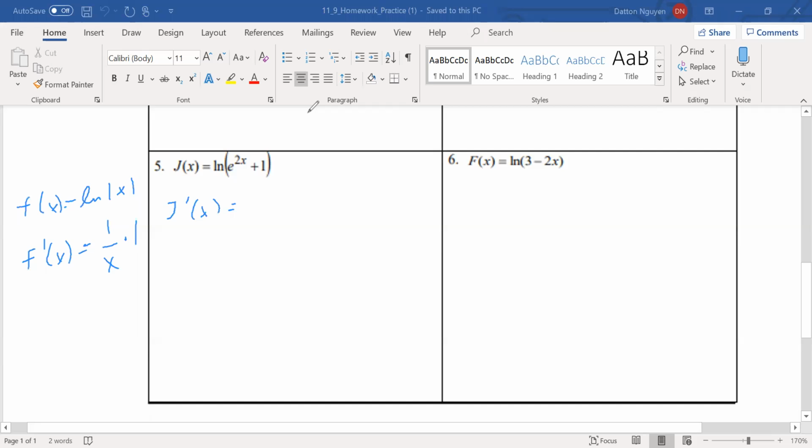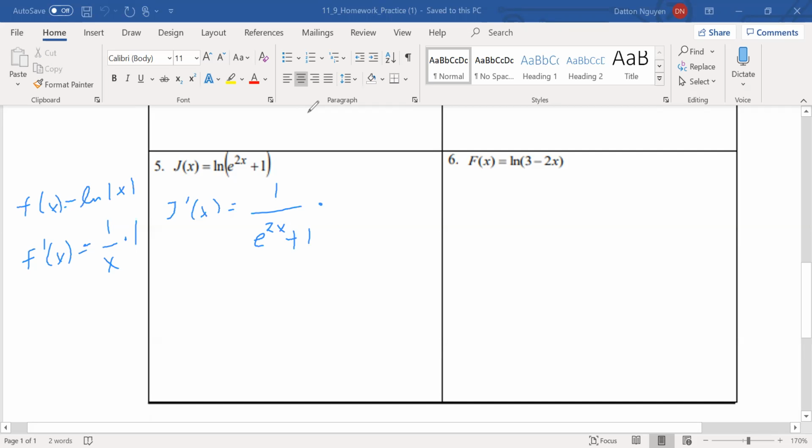So in this case, the derivative of this function is 1 over e to the 2x plus 1, and then we're going to multiply it by the derivative of that inside function.